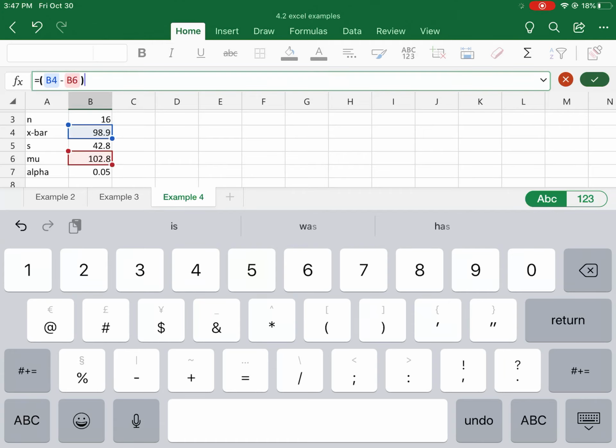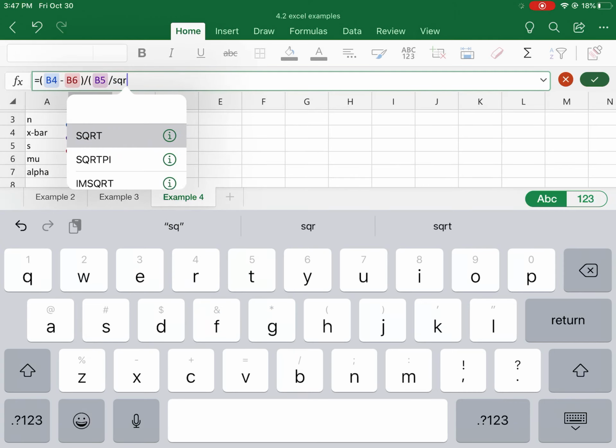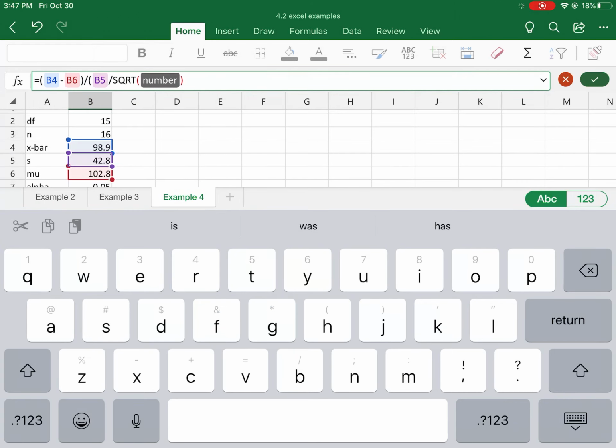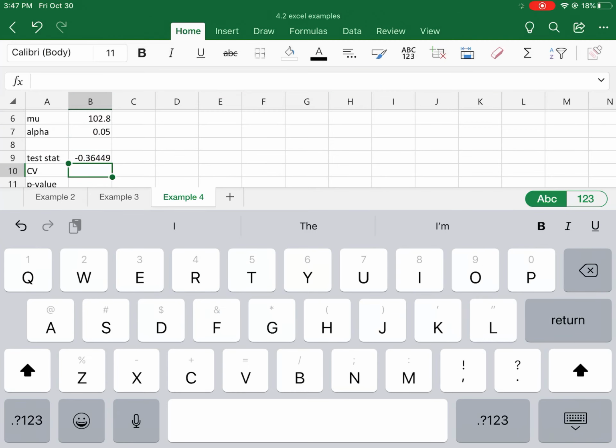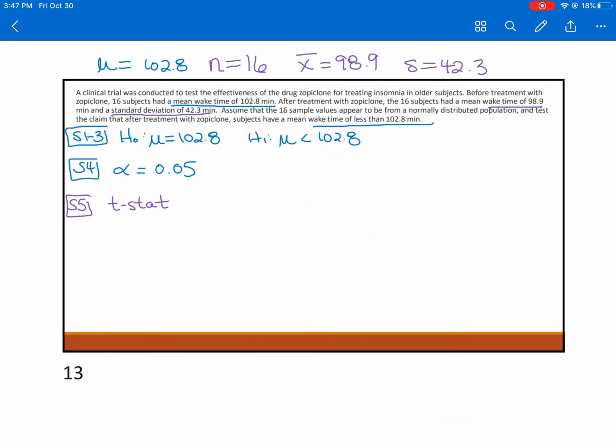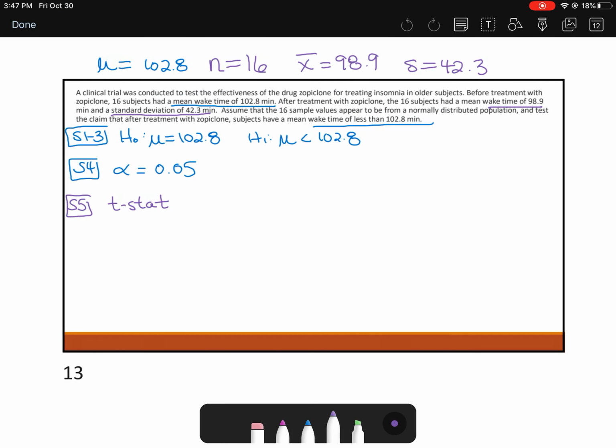So I have my x bar minus the mu divided by, again, make sure you have the parentheses, sample standard deviation divided by the square root of my sample size. Hit enter. Okay, so I get negative 0.364.